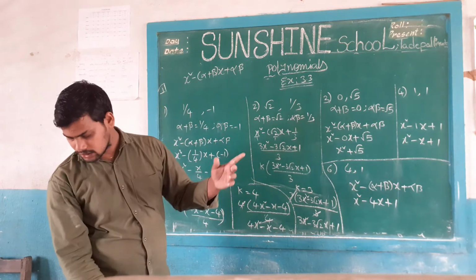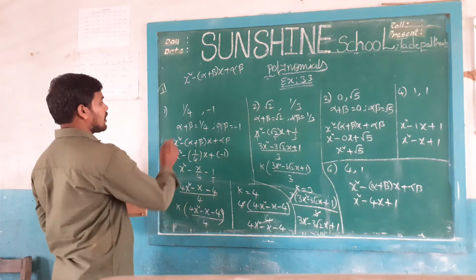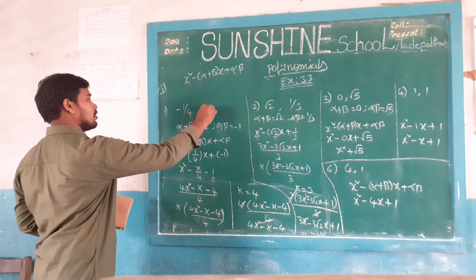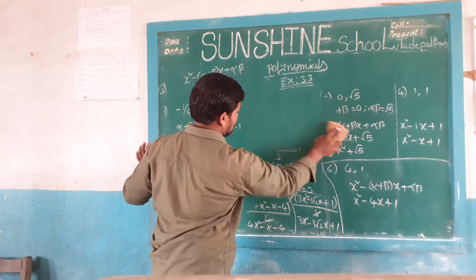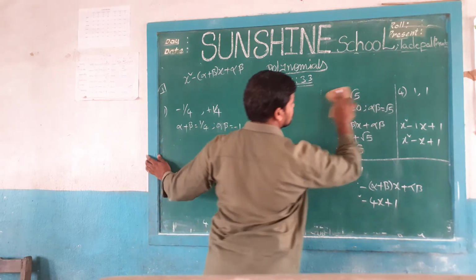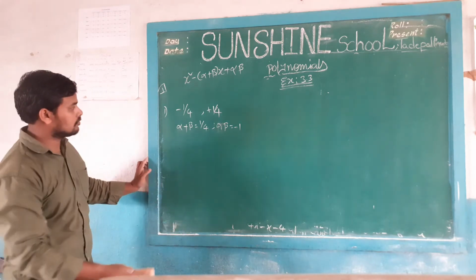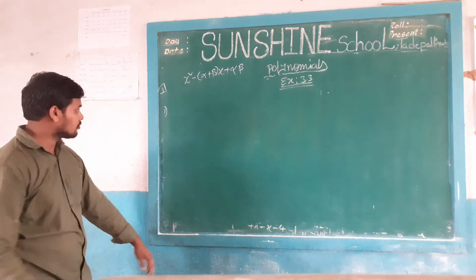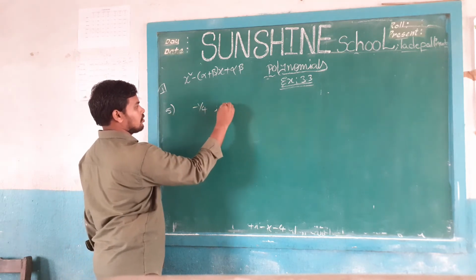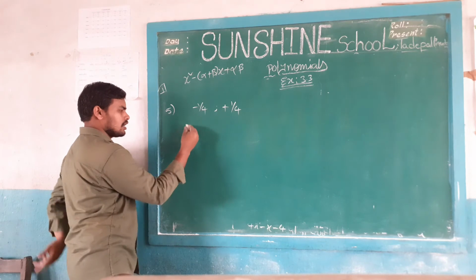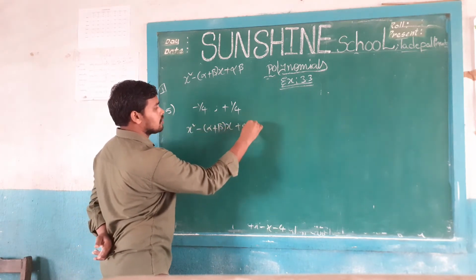Now there is one more problem, that is minus 1 by 4 and plus 1 by 4. Again, the formula x square minus alpha plus beta into x plus alpha beta.